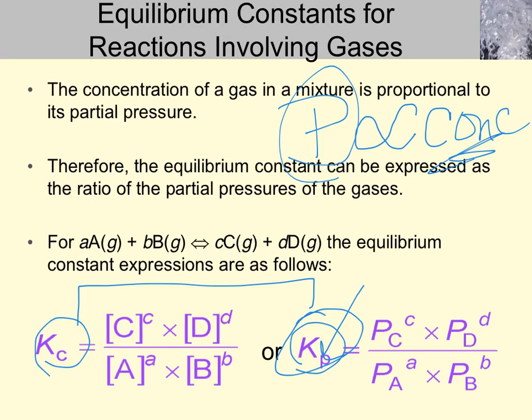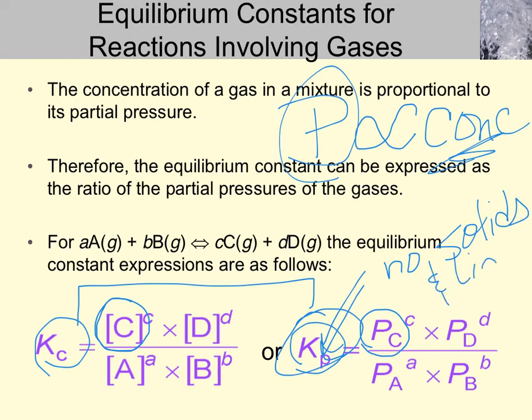It's quite simple: instead of expressing concentrations of each of the products and reactants, we express it in terms of the pressure. Obviously, only gases have pressure, so if you have a Kp, no solids, no liquids. They don't exert enough pressure to be included. Everything else is the same. You still have the exponents that used to be the coefficients in the balanced equation.